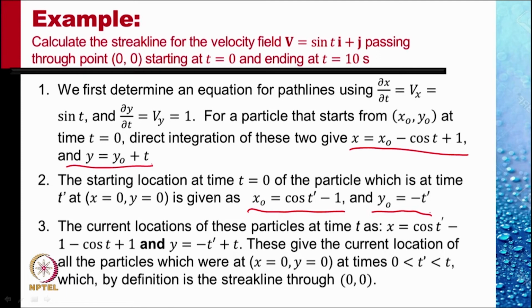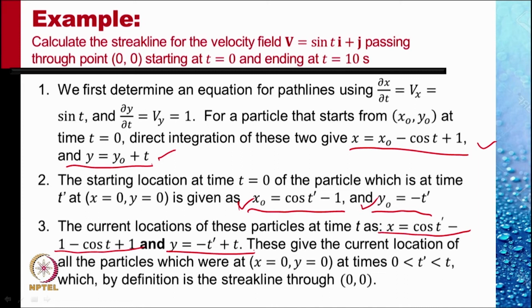The current location of these particles at time t is then found by these equations, where we put these values of x naught and y naught, to obtain the current location as x equal to cosine t prime and y equal to minus t prime plus t.